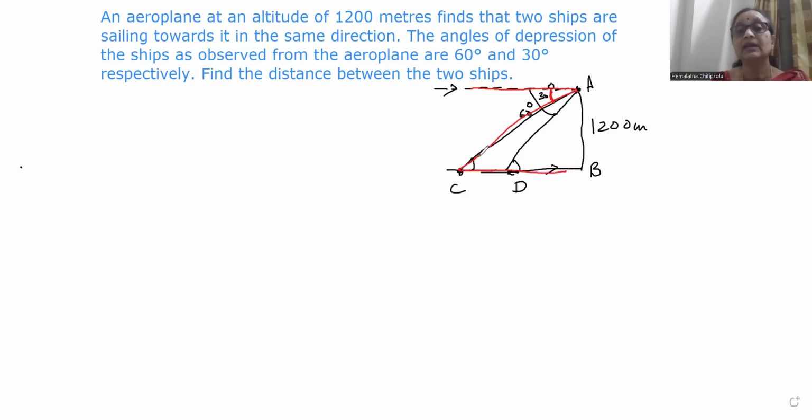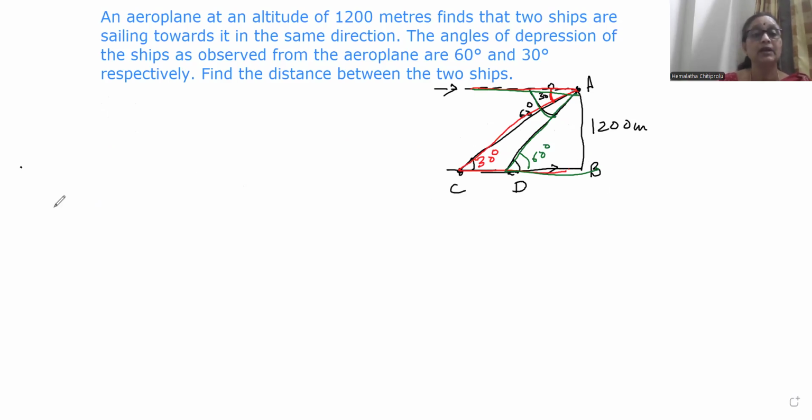This angle 30 will come here, 30 degrees, and the other one I'll make with a green color. Now this is the angle of depression, 60 degrees. So the line will go from here to here. This is 60 degrees. Now we are done converting the angles of depression to the angles of elevation.